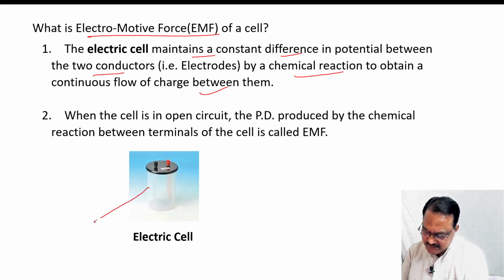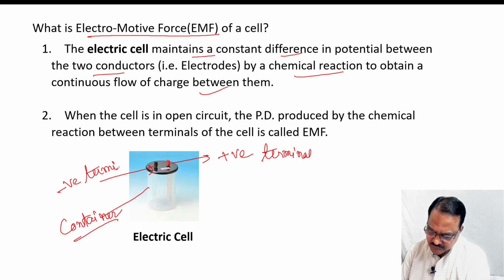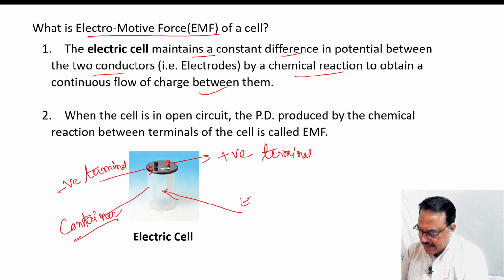The same electric cell is shown here. This is the container. It has two terminals. Here, red is the positive terminal, always shown so, and black is the negative terminal. Inside there is electrolyte, which is a liquid, mostly dilute H2SO4.